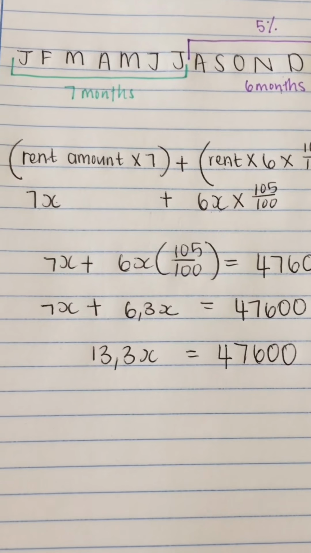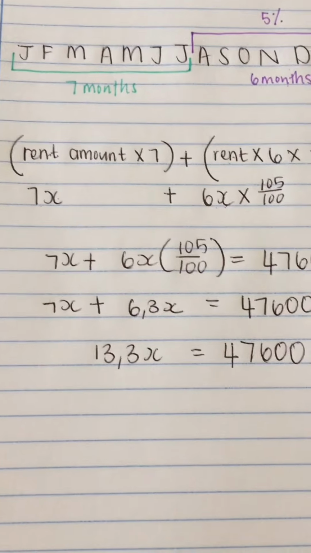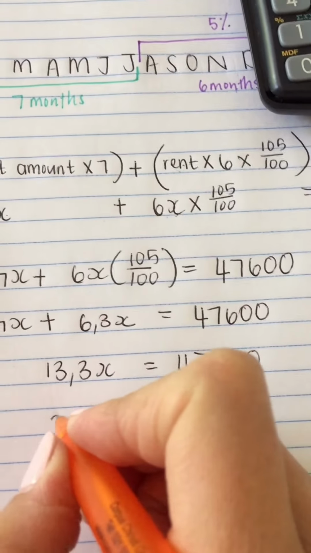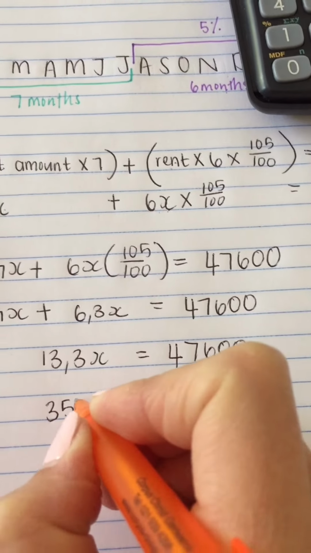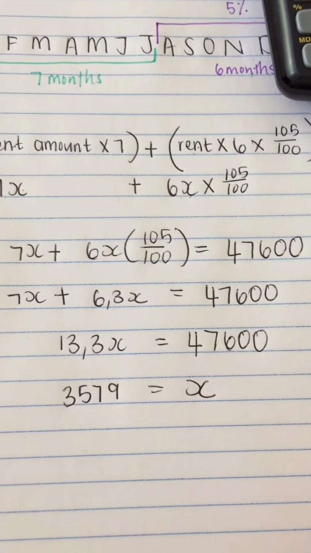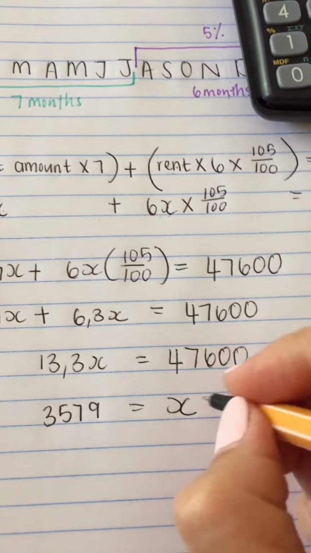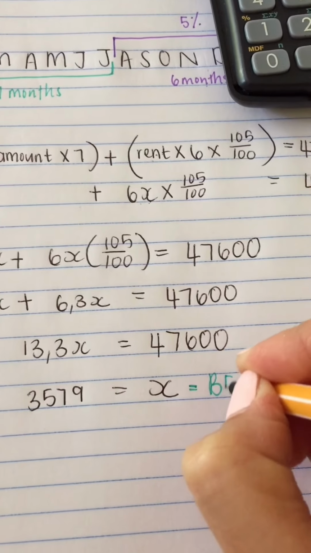And then 47,600 divided by 13,3 gives me 3,579 as x.